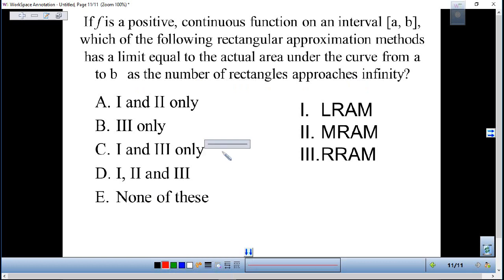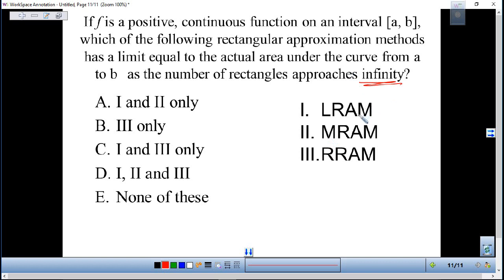Well, here's the thing. We kind of hinted at this, or I did, earlier, because I said that as the number of rectangles increases, all of them get more and more and more accurate. So that means if we're going to infinity with the number of rectangles, how accurate actually are we?